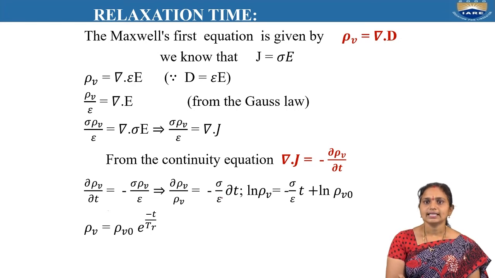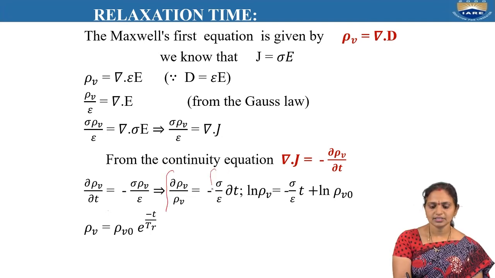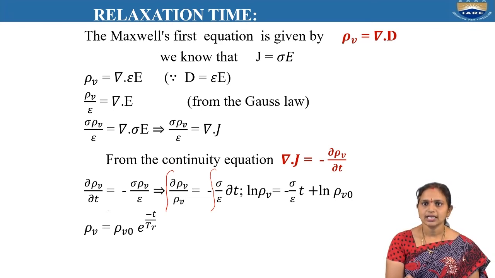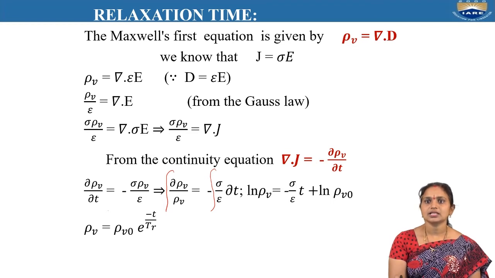Now by integrating this term on both sides, we get the integral of ∂rho_v by rho_v equals minus the integral of sigma by epsilon into ∂t. We all know that the integral of 1 by x dx is log x. Then it is log of rho_v equals minus sigma by epsilon into the integral of ∂t, which is t, plus some constant term.